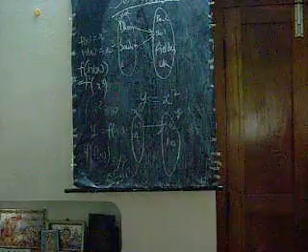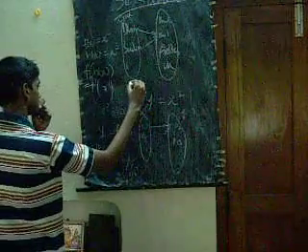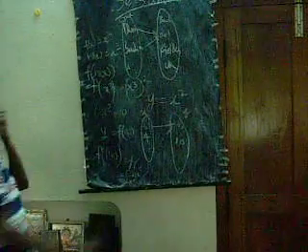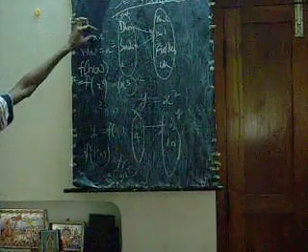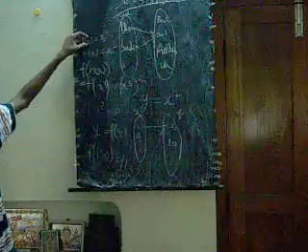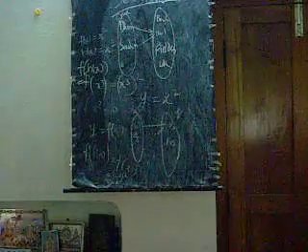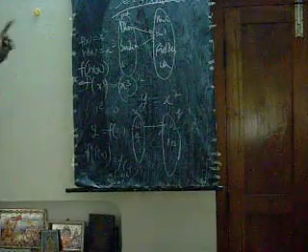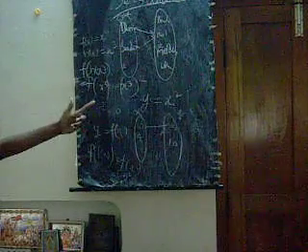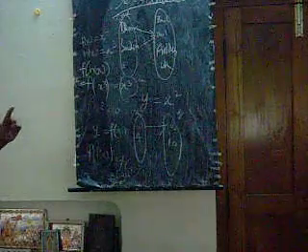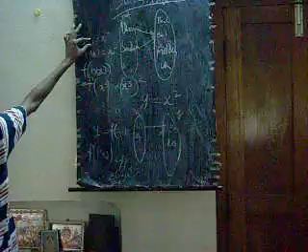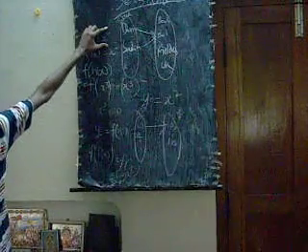Now what is f of x cube? f of x is x square. So see, if I say f of x is x square, it means f of a is a square. It is giving a procedure. So if you have something inside the bracket, how do you find the output?